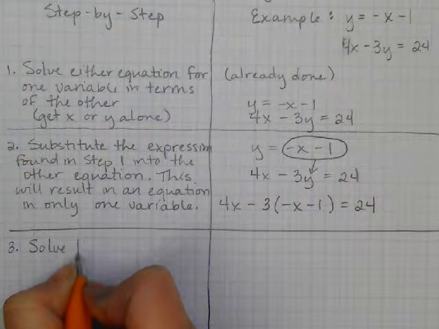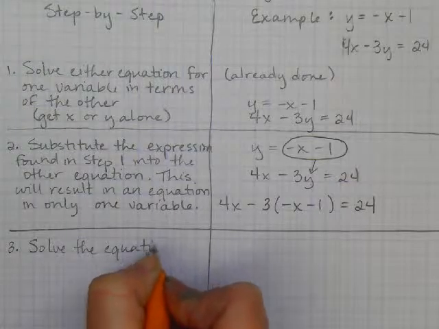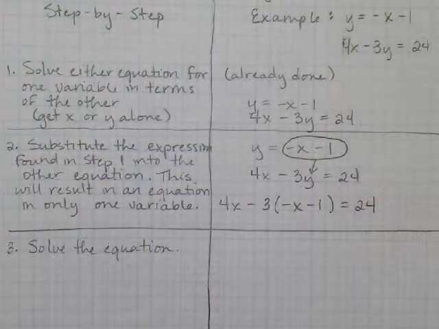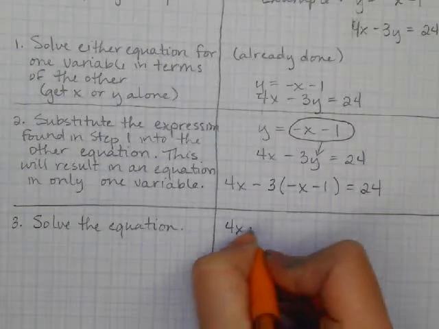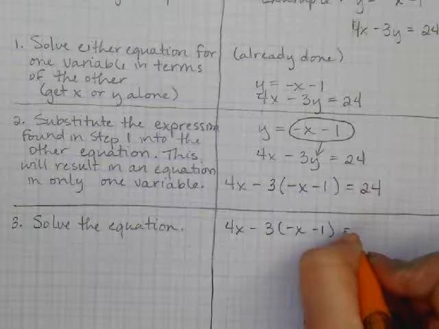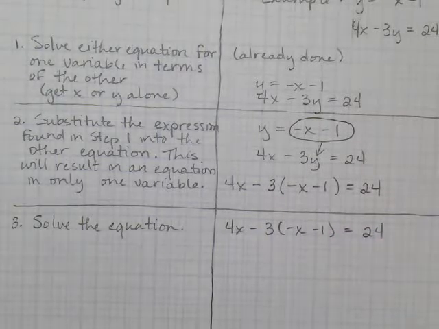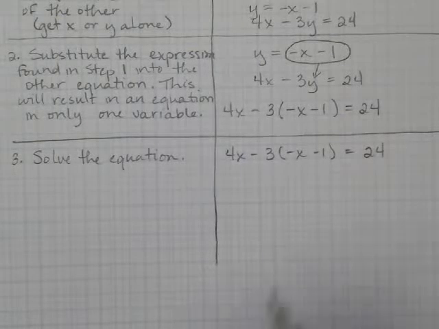So I'm going to drop down the 4x. I'm not going to use that yet. Negative 3 times negative x. Negative times a negative will give me what? So positive, so plus 3x. And then negative 3 times negative 1 is what? 3. Positive 3. So plus 3 equals 24.